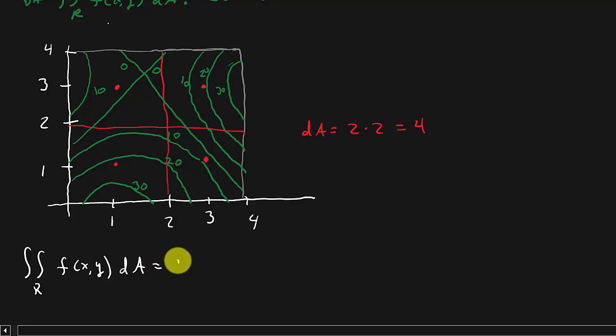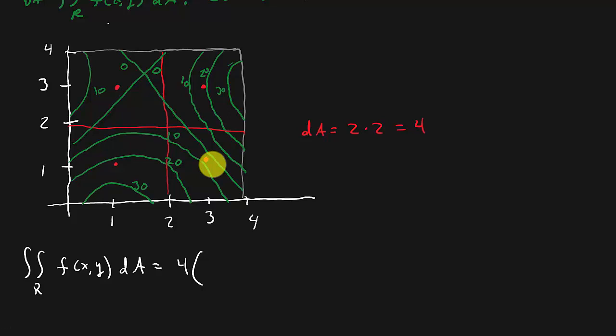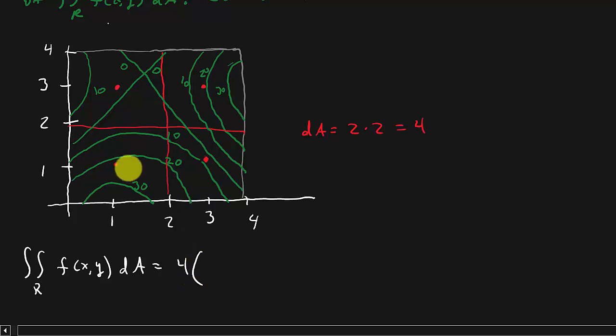All right, so it's going to be 4 times, so that's actually the area of each square, right? That's the area of each square. Now that's going to be times this height plus this height plus this height plus this height.